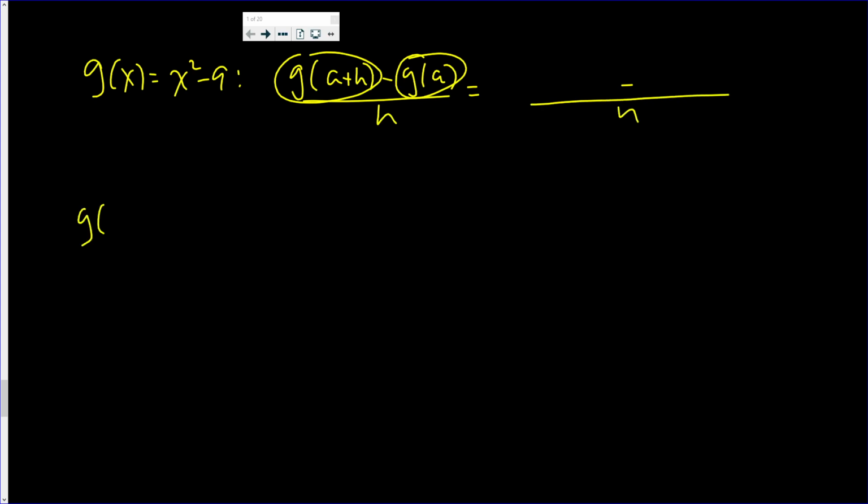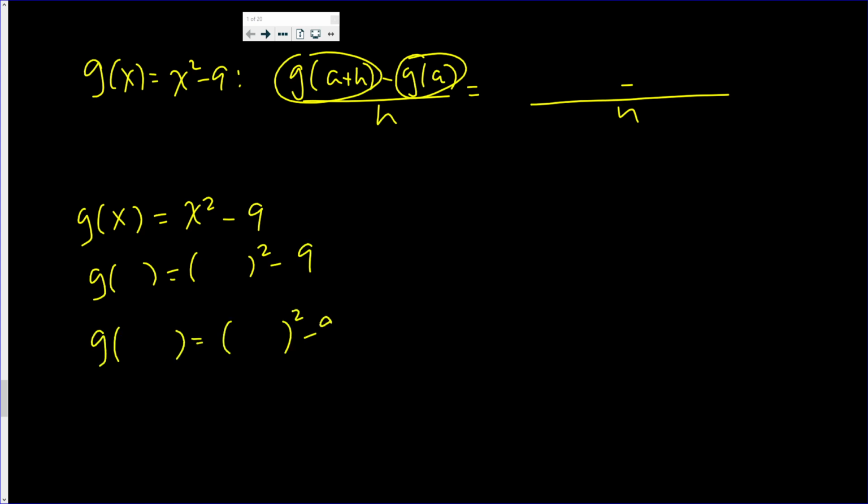Now, g of x is equal to x squared minus 9. I'm going to need this 2 times.